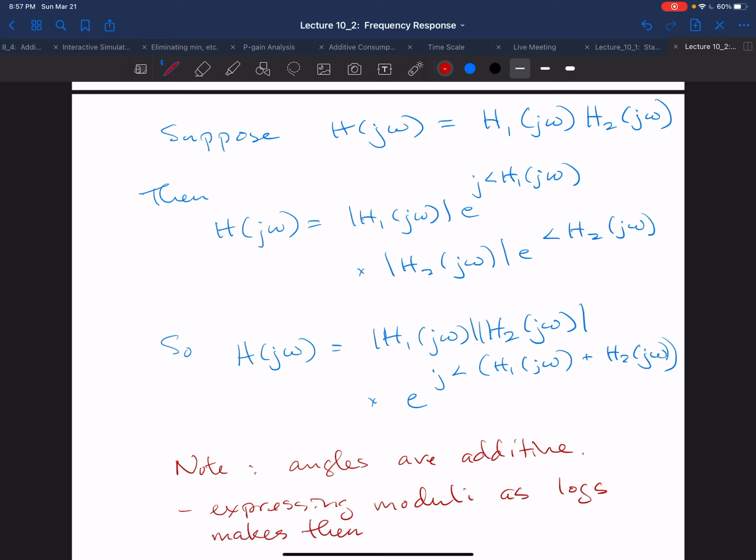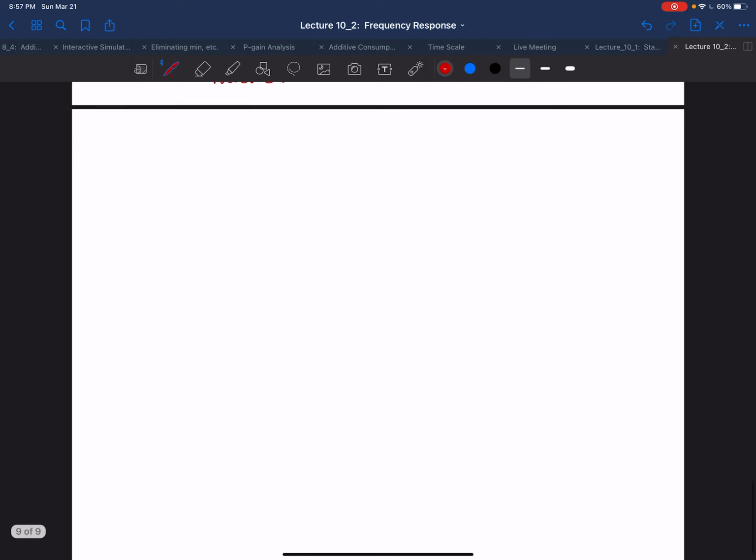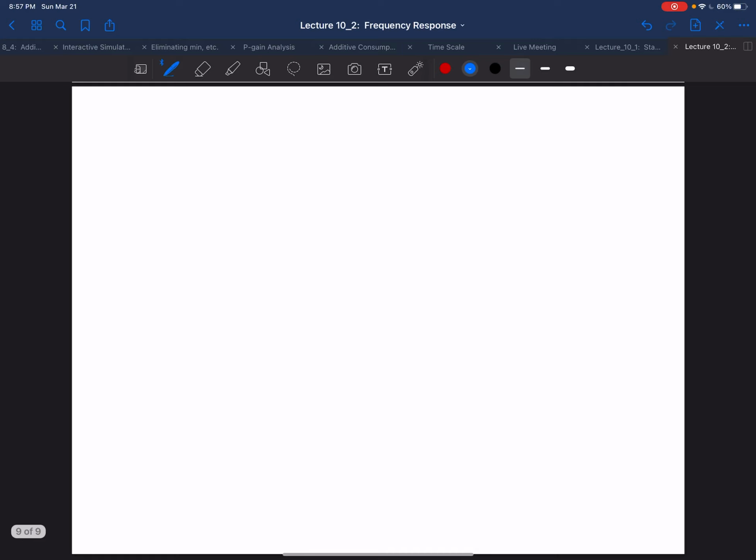So both the angles and the moduli or amplitude curves will in fact be additive. So as we'll see later on, we'll be able to draw the Bode plots for complicated transfer functions by drawing the Bode plots for factors of those transfer functions and then just adding.